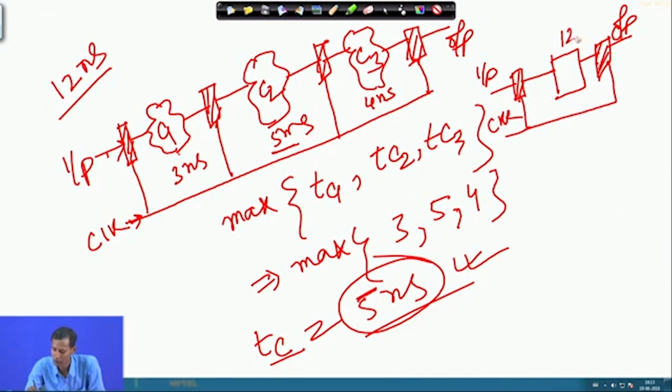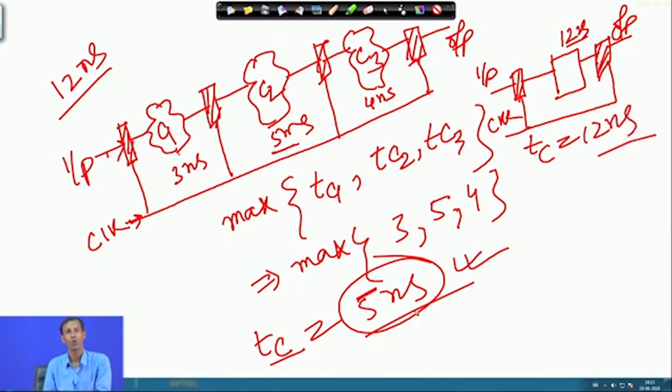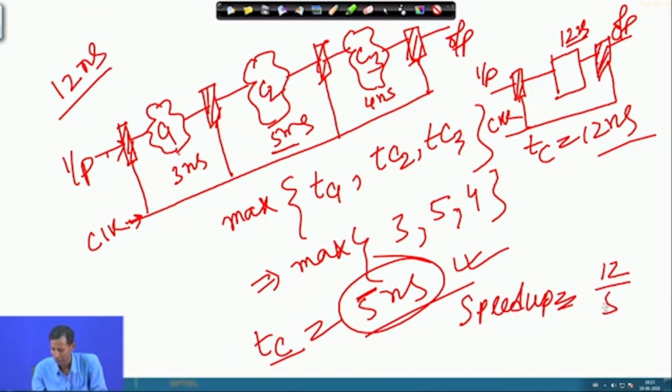This required 12 nanoseconds, but now it becomes 5 nanoseconds. So, the speedup is 12 by 5, that is 2.4 after doing the pipelining.